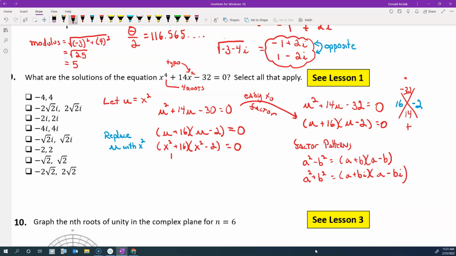So this right here, folks, is going to factor. I'm going to use this second formula right here. A is going to be x. B is 4.